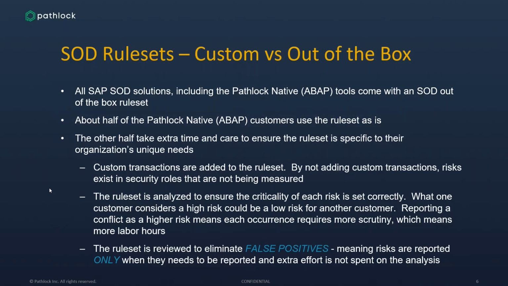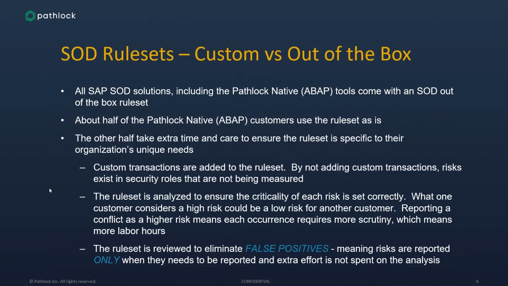Not just saying it's a low risk, but removing it entirely will keep your team from having to review and analyze it every time it happens. And with those access requests, the business can be more productive and do their things because we're not looking at it. So there are a lot of false positives that can happen with the rule set.